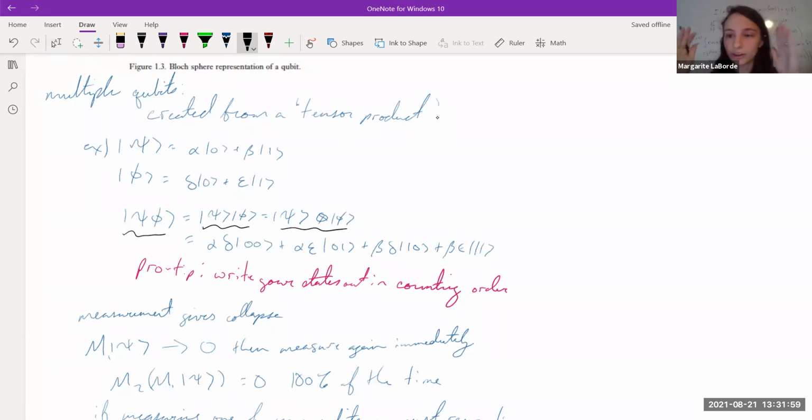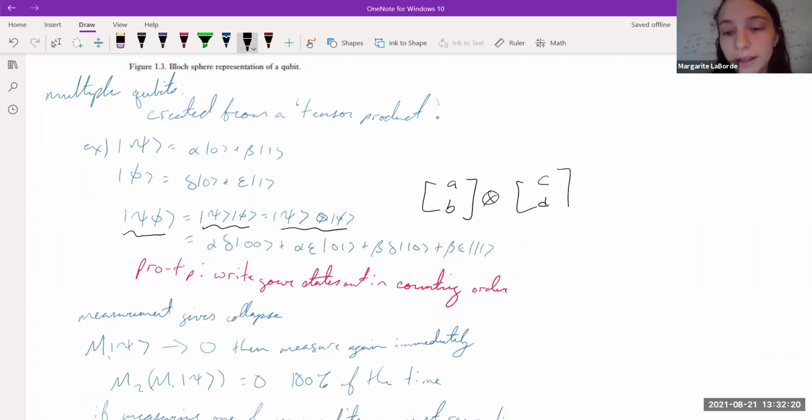Number one reason people tend to write them in one ket is because it makes your notation a little bit cleaner, but it's equivalent to taking this tensor product, which if you've never seen a tensor product before, is just a matrix product wherein you take all of the elements of one. So say you have a vector here and another one, and you multiply each element by the full second vector in your second slot.